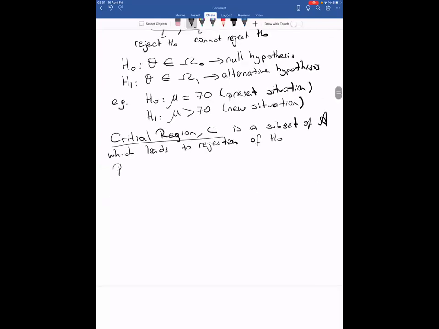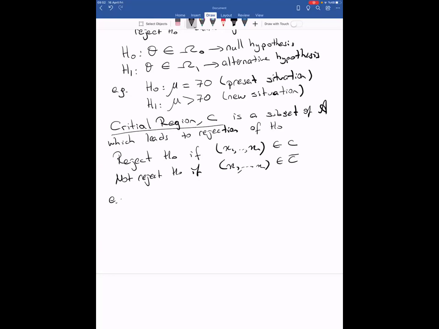Based on this critical region, we have to give our rejection rule: reject H0 if our sampled variables are in the critical region, or do not reject H0 if our sample is in the acceptance region.